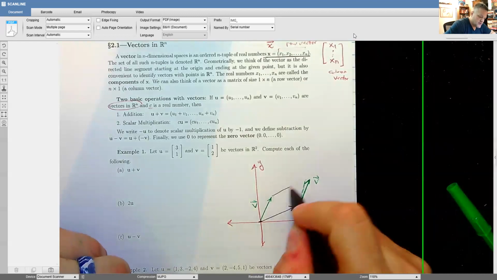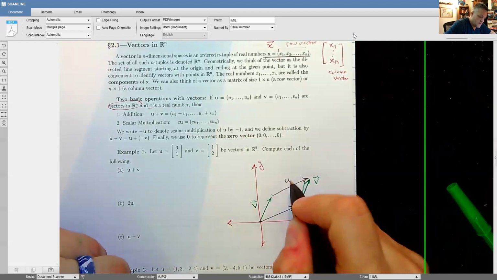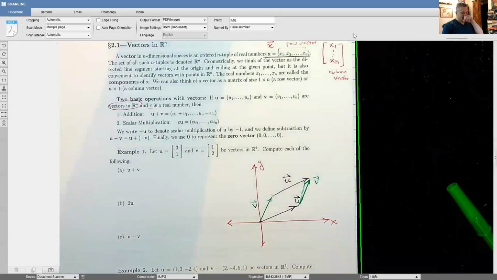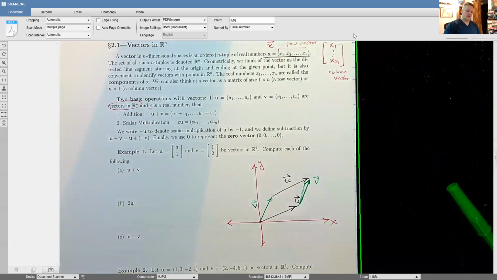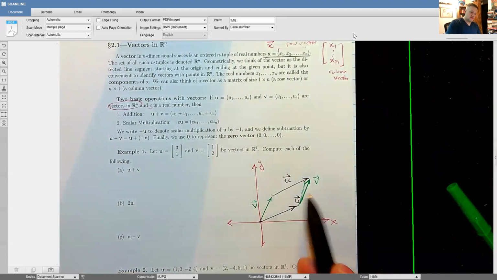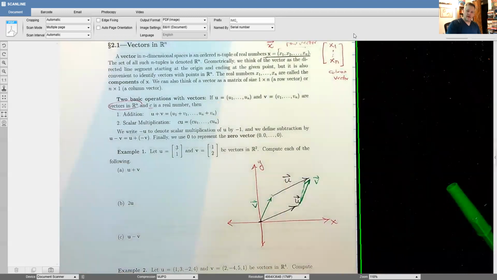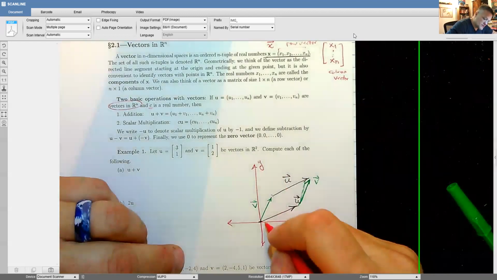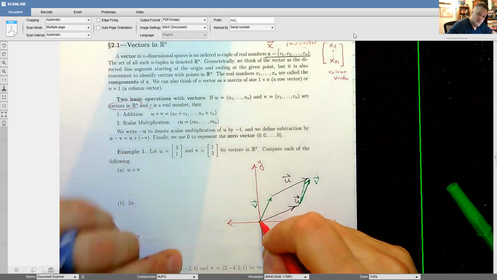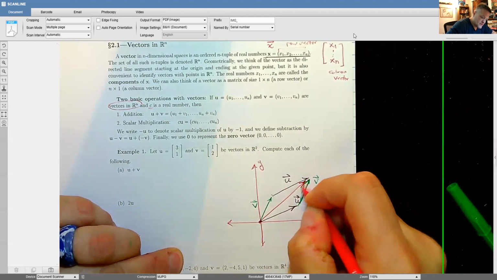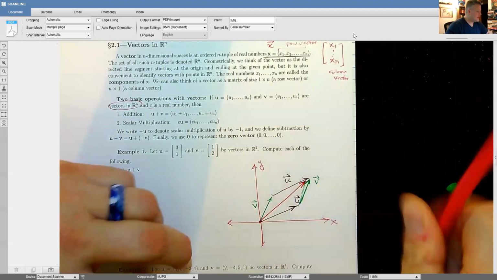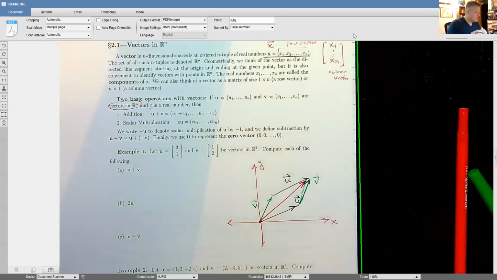And in the same way here, I can translate U. So if I translate in that way, keeping the directions the same and the lengths the same, that forms a parallelogram. Opposite sides are parallel and they have the same length. And so notice that in here, I can form the two diagonals, namely from the tail out here. Okay, so I can form that one. And I can also form this one.